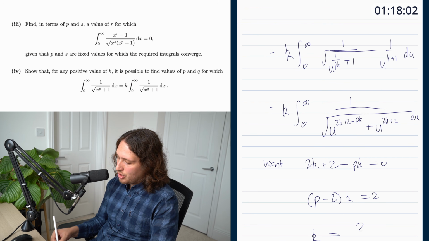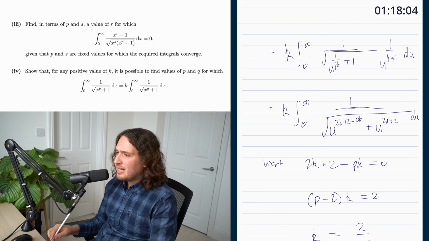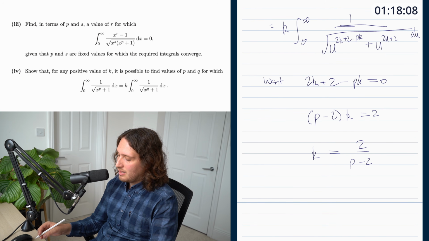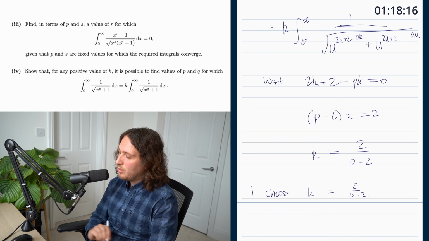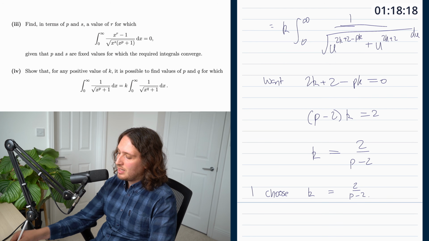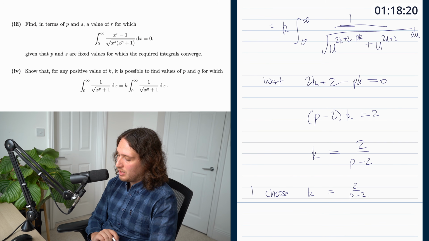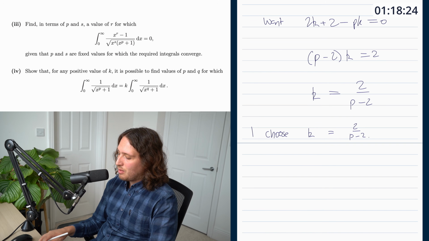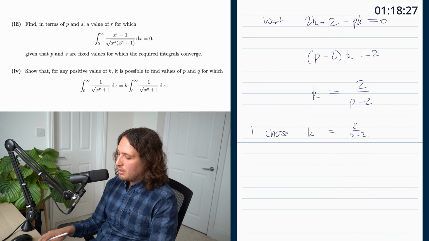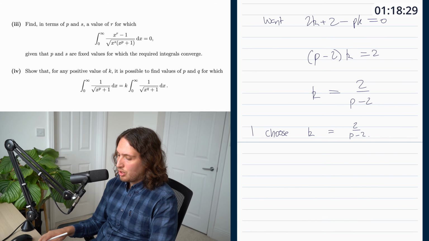So as long as I choose this, that's fine. I choose k equals 2 over p minus 2, because then that becomes u to the 0 and I get something good. Now, that's only any good if p is at least 2.